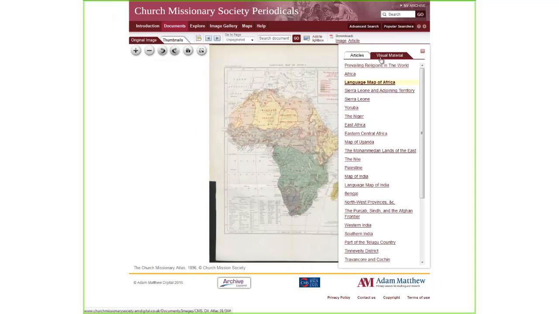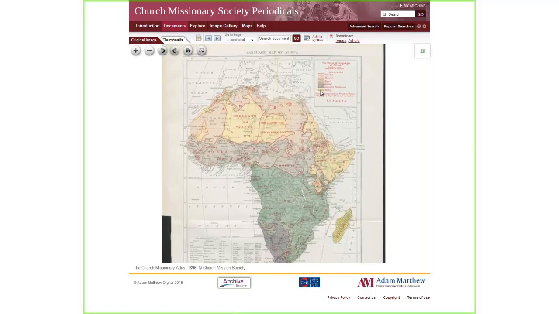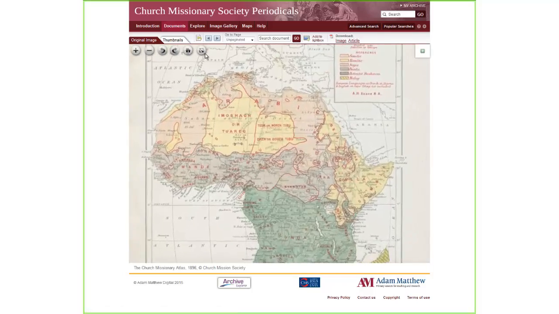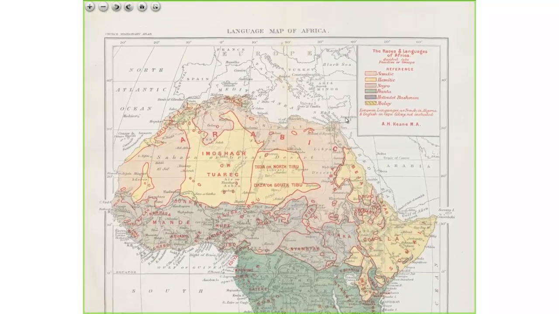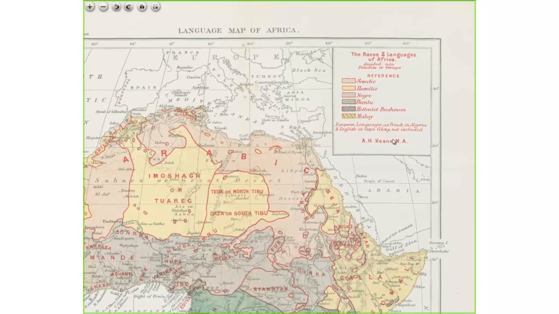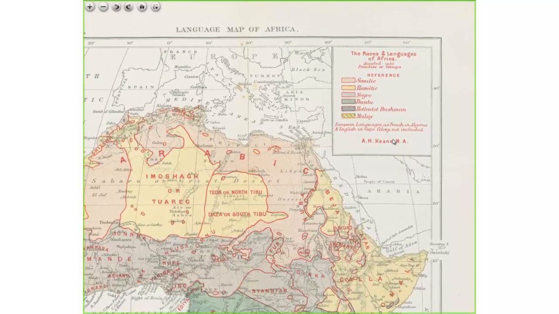Now, I think this is an absolutely fantastic map. It's a language map of Africa, which if we toggle full screen, we can maybe see a little bit more about. There we go.